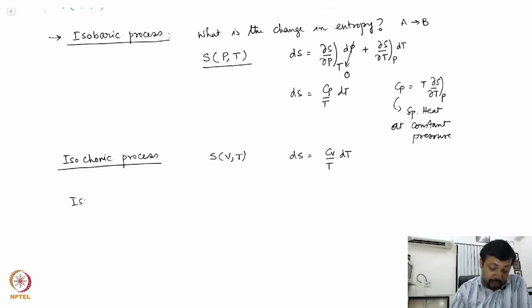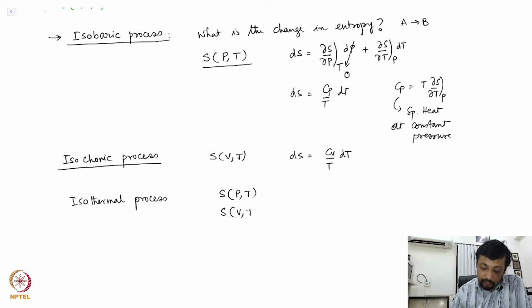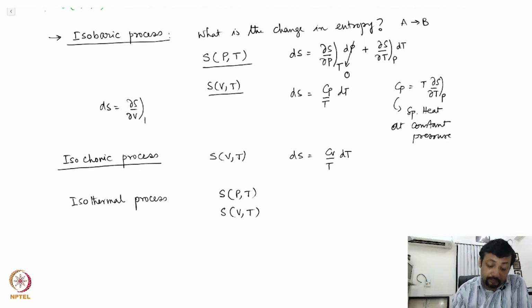For an isothermal process, your temperature is held constant. So you can take S either as a function of P and T or V and T. But here you have to note that in the isobaric process, if you take S as a function of V and T, then your dS is del S del V, temperature constant, dV plus del S del T, volume constant, dT.